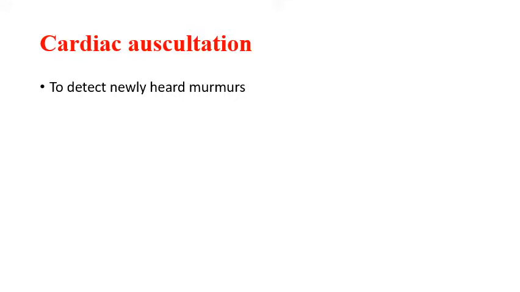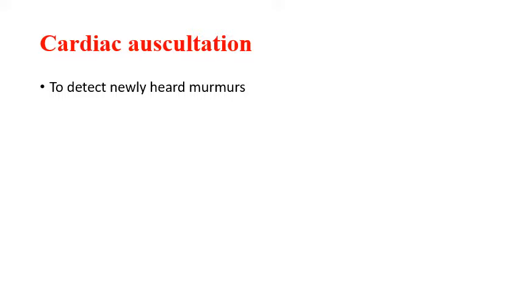Finally, you have to do cardiac auscultation to detect if there are newly heard murmurs or not. If you find there is a newly heard murmur, first you have to close the AV fistula by your hand. If you still hear the murmur, this is newly formed over the heart and you have to do an echo to find its cause.